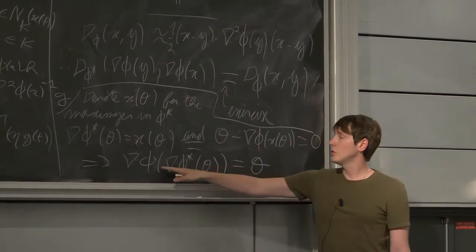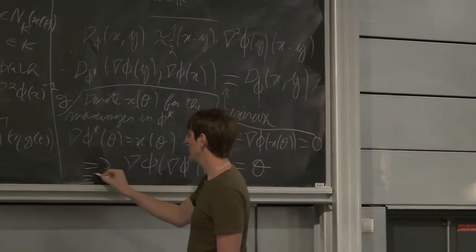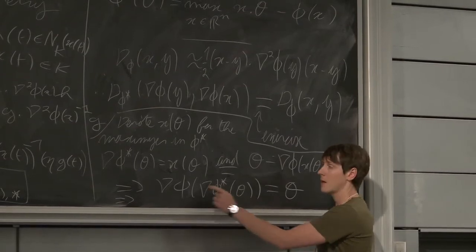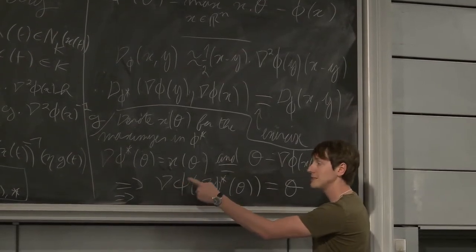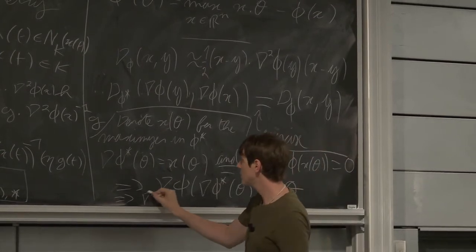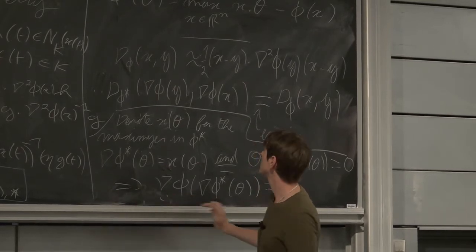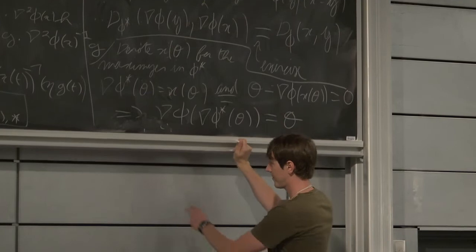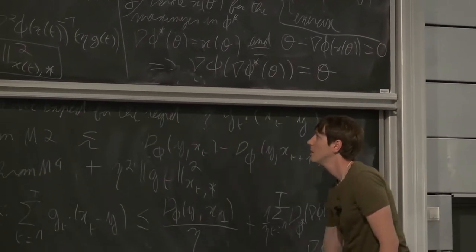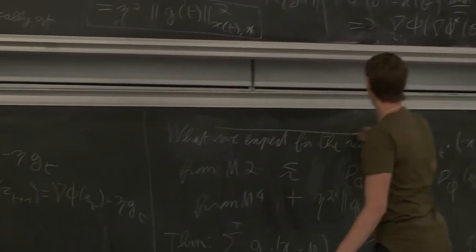But now I can also differentiate this thing. If I differentiate this thing, what do I get? I'm going to get the Hessian of phi star of theta multiplied by the Hessian of phi at grad phi star. Let me just do this last implication.